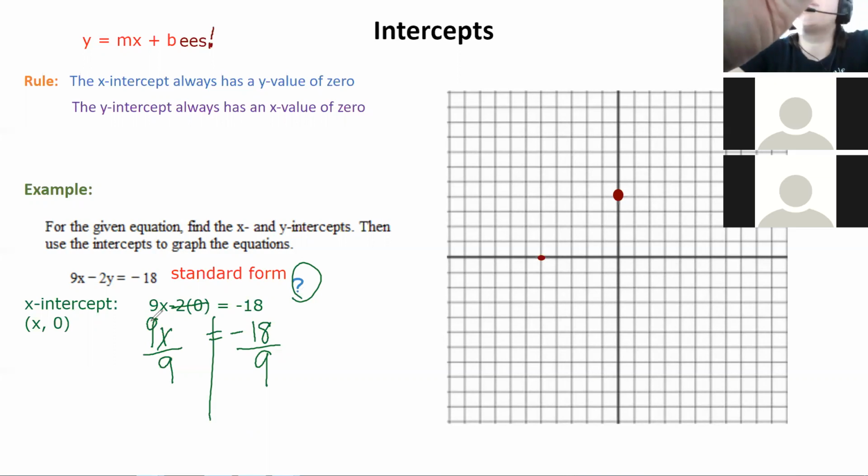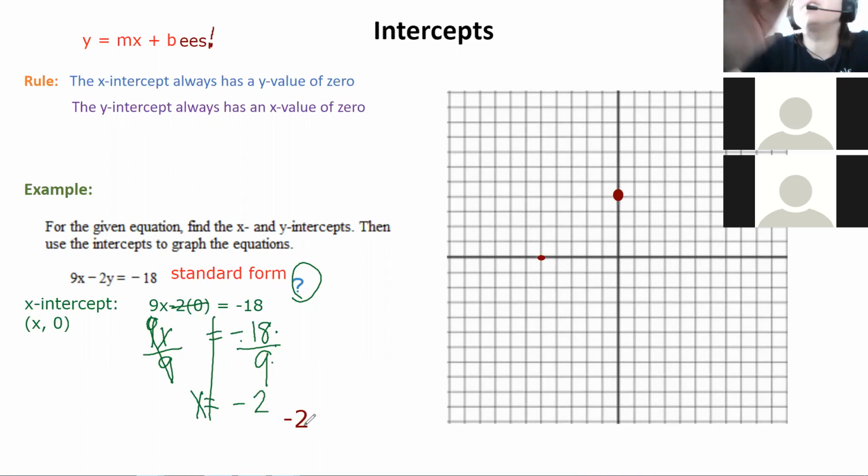So we divide to find x's identity, and we find out that x has to be what? Negative 2, because negative 18 divided by 9 is negative 2. Very good.